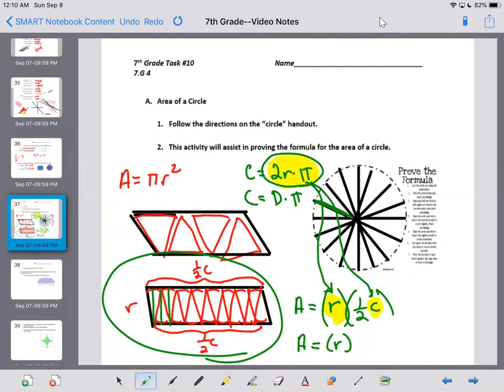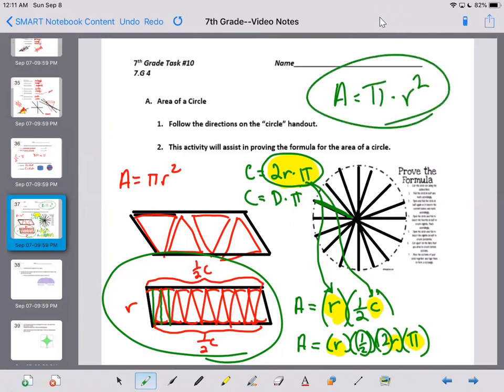So I'm going to have 1/2 multiplied by 2r times pi. And when I multiply all this out, the 1/2 and the 2 will multiply to go to 1, and then r times r is r squared times pi, which gives you your formula for your area of a circle, which is pi times the radius squared.